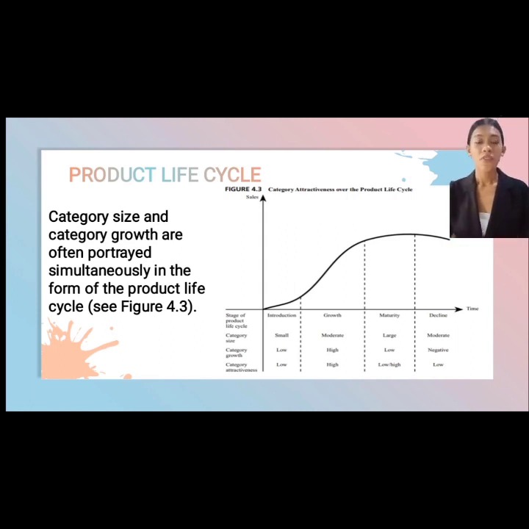A company often incurs higher marketing costs when introducing a product to the market, but experiences higher sales as product adoption grows. Sales stabilize and peak when product adoption matures, though competition and obsolescence may cause its decline.